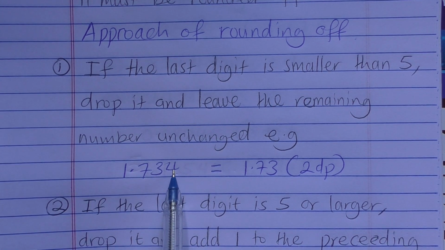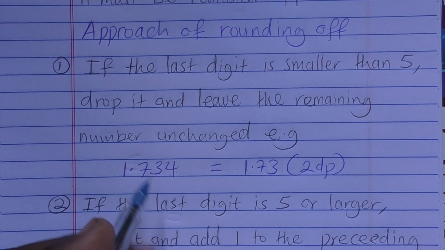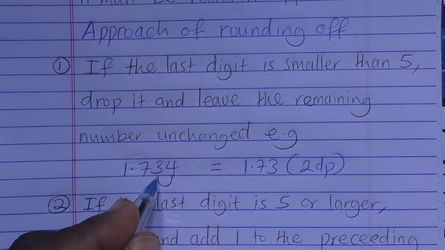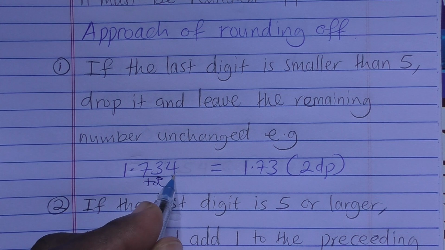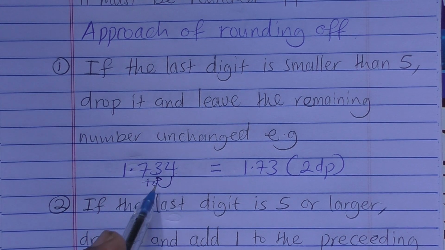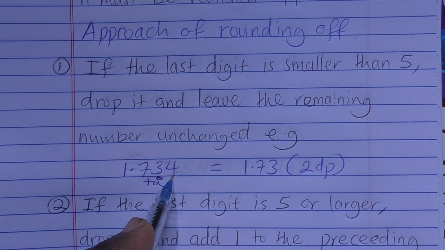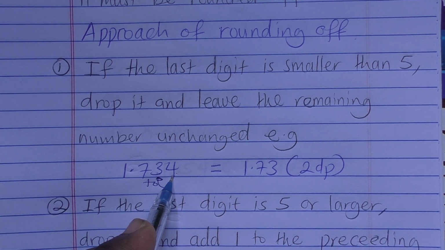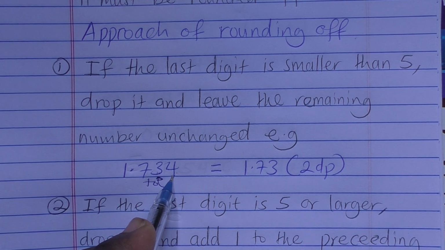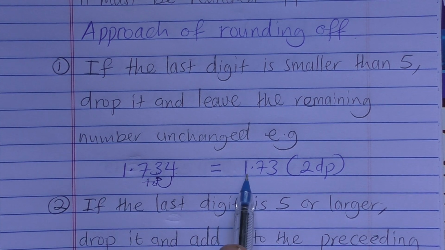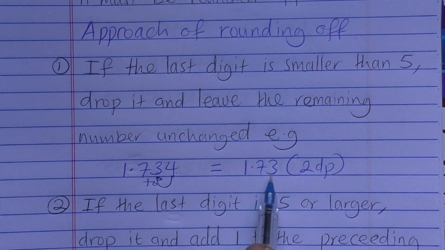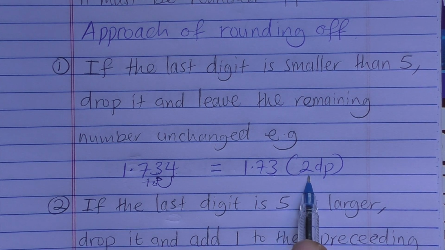Since this one is 4, when rounding off, we add 0 to 3 and drop 4. Why are we adding 0? Because 4 is less than 5, so it doesn't have much impact on the number. And therefore, we shall come up with 1.73 to 2 decimal places.